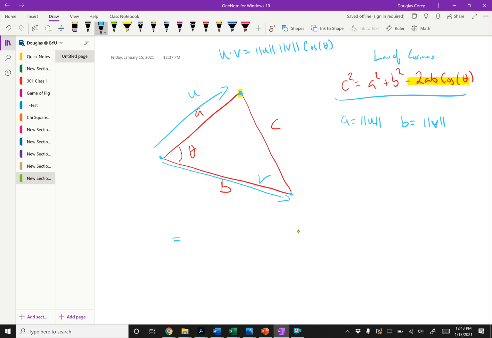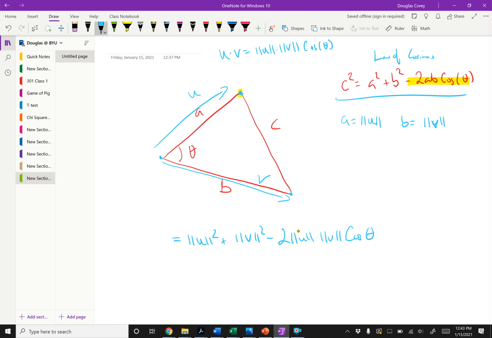So on the right hand side, we'll have the length of u squared plus the length of v squared minus 2 times the length of u times the length of v cosine of theta. The left hand side, we need c in terms of u and v.